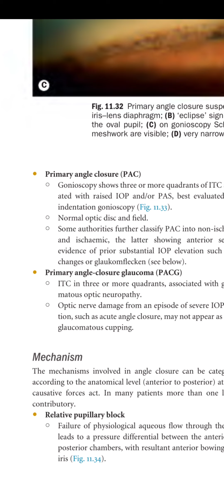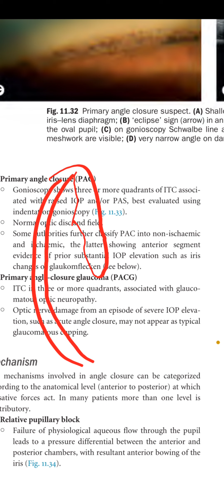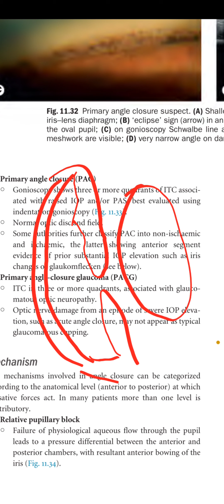So what is a relative pupillary block? Basically, this is the cornea, this is the iris, and this is the lens. You know that aqueous flows from the posterior chamber to the anterior chamber. Sometimes, under certain conditions, the aqueous does not flow from the posterior to the anterior chamber.